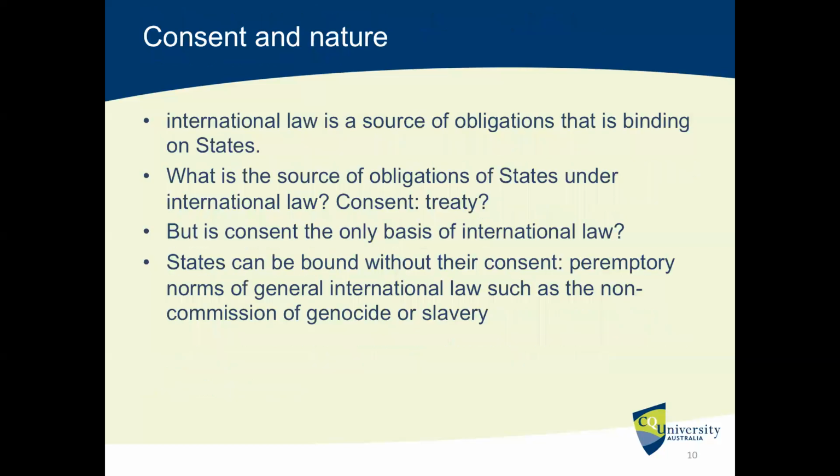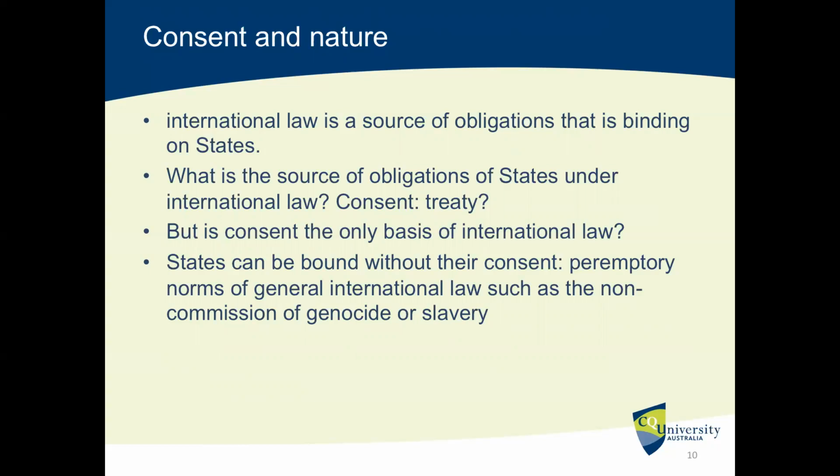Now, moving on, earlier we talked about international law as a source of obligations that is binding on states. But the question is, how does a state become bound by international law? If you look at the presence of treaties, obviously, if you speak of a treaty or an international instrument between states, it means that for a state to enter into a treaty, the state will have consented to the treaty.